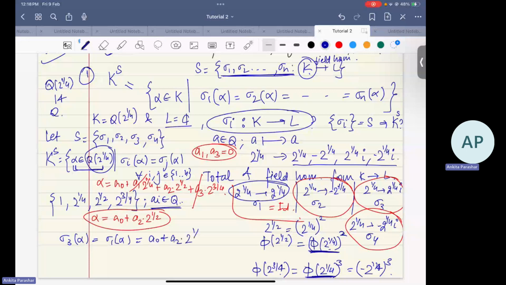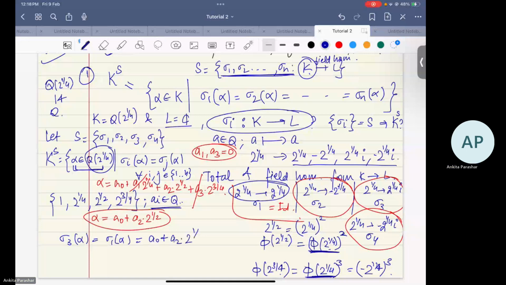Comparing, A0 gets cancelled, A2 gets cancelled, and we will be left with twice A1 2 power 1 by 4 plus twice A3 2 power 3 by 4, which is 0. But this is a linearly independent set, because a subset of a linearly independent set is always linearly independent. Therefore, 2A1 is 0, 2A3 is 0, and therefore A1 and A3 are 0.